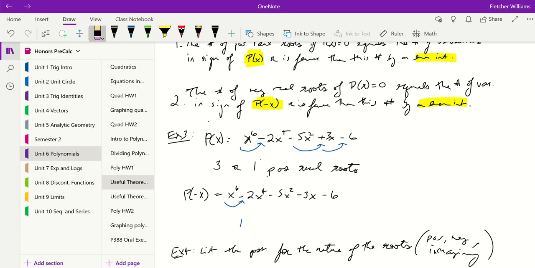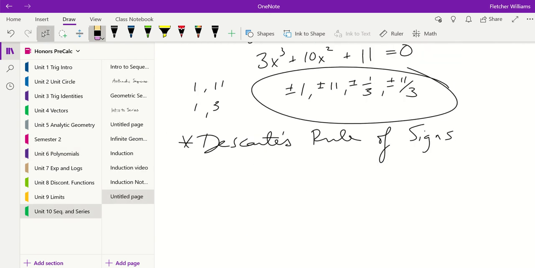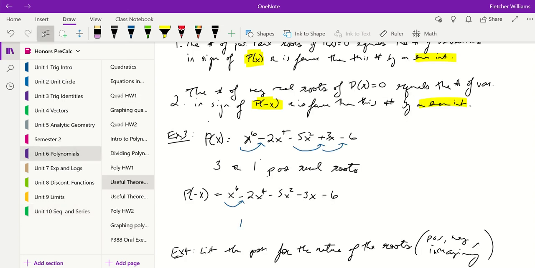Okay, so that was Descartes' rule of signs. Anything else? Yes, Hazel? Isn't it like the leftovers from the value of the degree? Oh, yes, that's a really good point. So what she's saying is, let's go back to this.